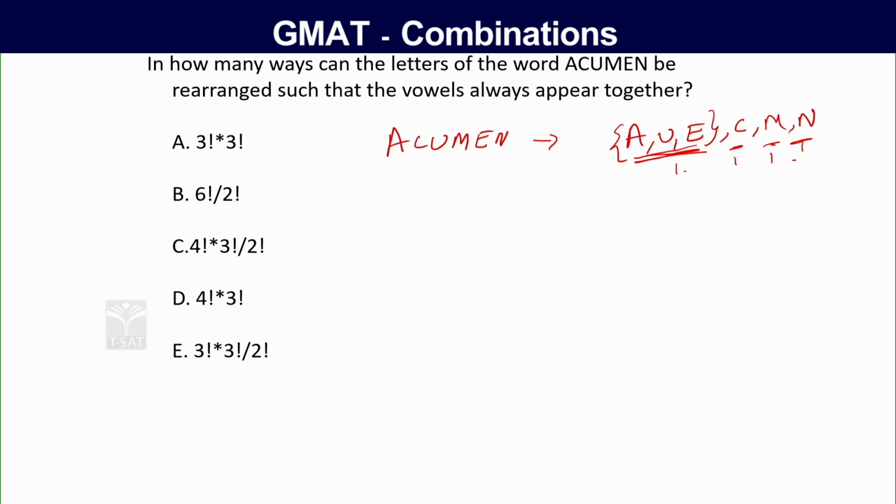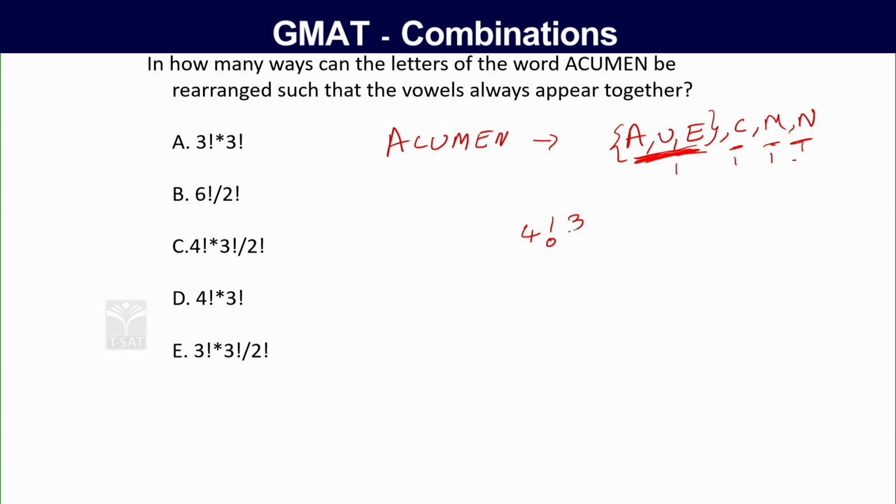You have 4 different units or letters to arrange. So, 4 can be arranged in 4 factorial ways. Considering this as one alphabet, you have 4 different alphabets, you can arrange them in 4 factorial ways, and within themselves these 3 alphabets can be arranged in how many ways?